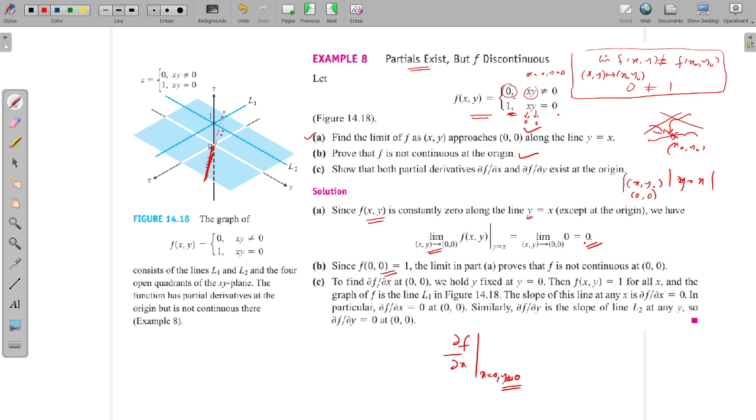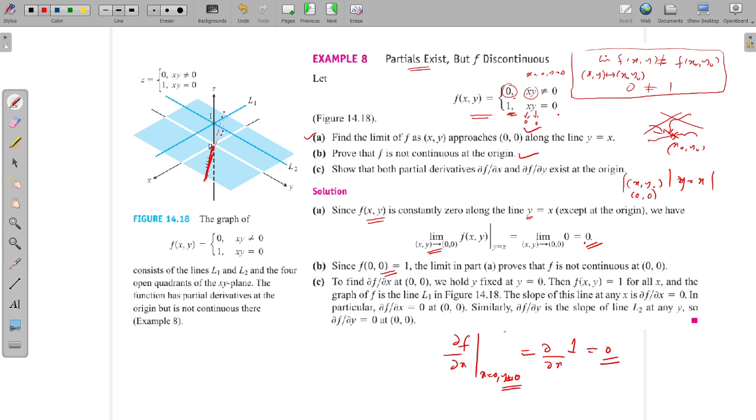This is the point (0, 0), so y is a constant, y equal to 0. Then the function value is always 1. So dou f by dou x at (0, 0) is dou by dou x of 1, because the function value is always 1. So this is equal to 0. The partial derivative with respect to x exists at the point (0, 0) and is 0.